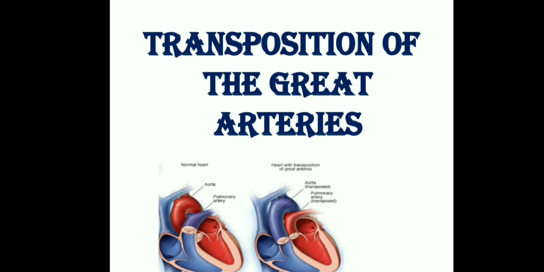This is a cyanotic condition because it is reversed, and the child suffers with cyanosis. The mortality rate is also higher in this condition. It is mostly associated with other conditions: VSD, ASD, patent ductus arteriosus, pulmonary stenosis, and coarctation of aorta.